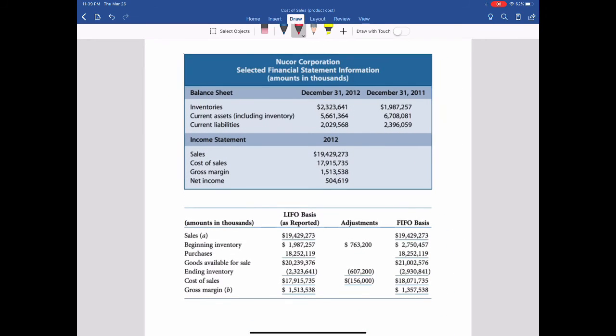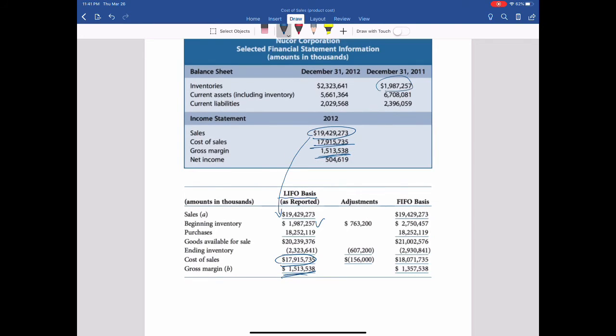So this firm uses FIFO to report their inventory. Here is sales revenue, the cost of sales is this one, and the gross margin is this one. Beginning inventory is basically the ending balance of last year, the ending balance of 2011.